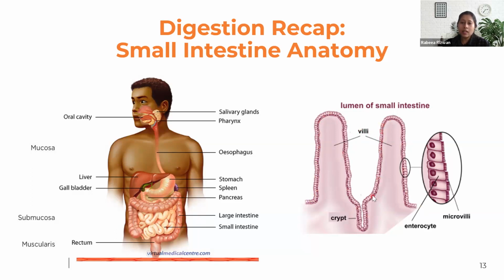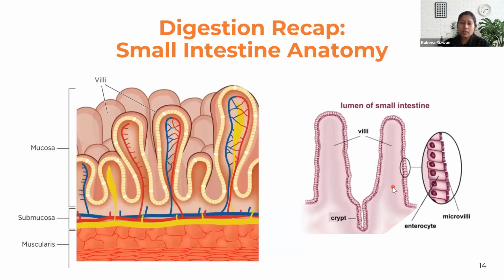The lining cells are very specialized and have specialized proteins that carry specific nutrients inside and into the blood. From the blood, they are then transferred to the specific part of the body where that nutrient is required.